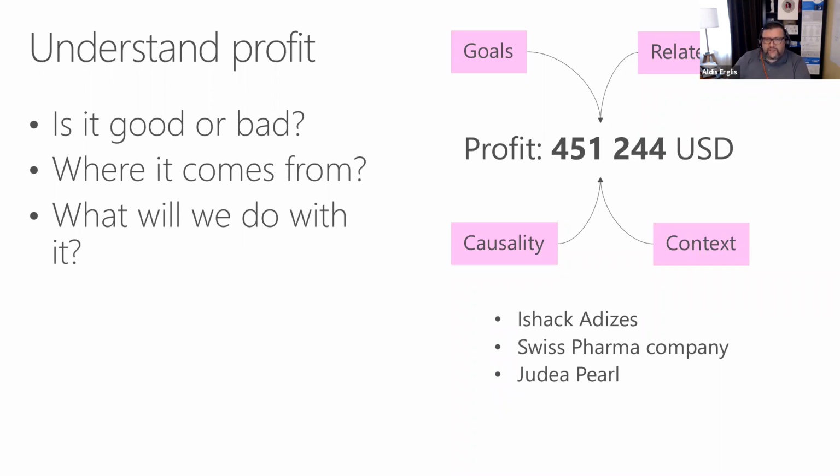Investigating this case, they found out that they are producing faster, so they're selling faster because it's cheaper.